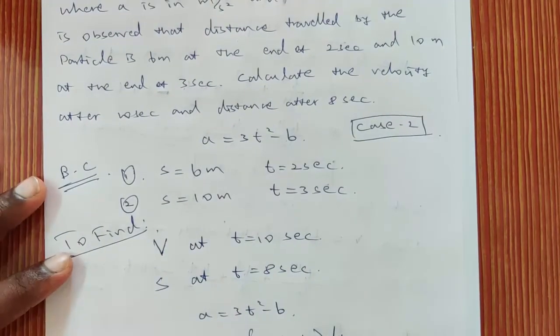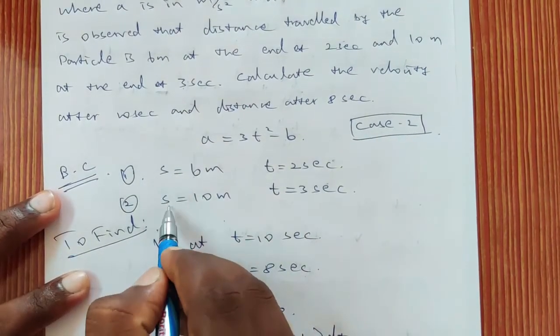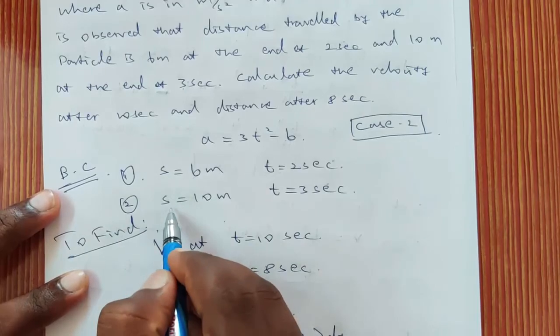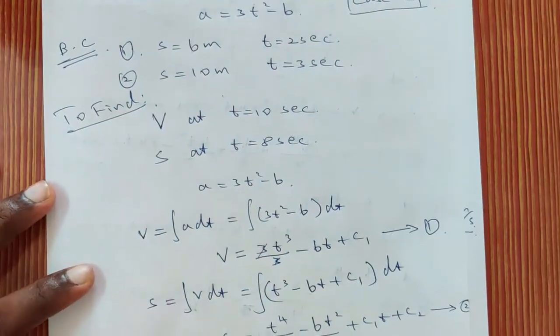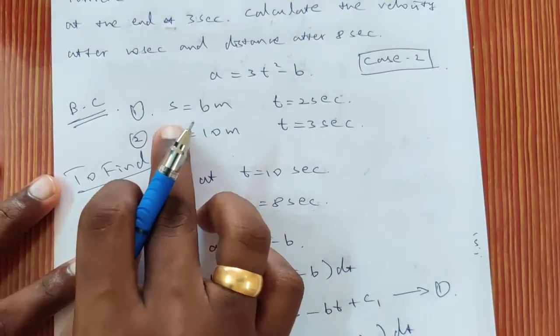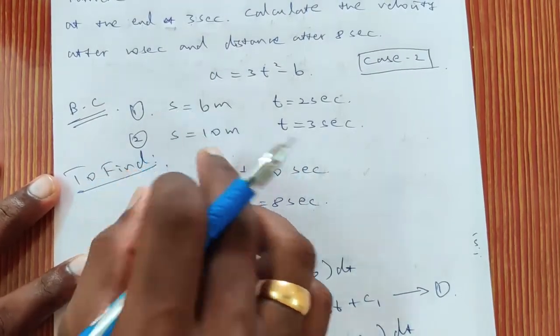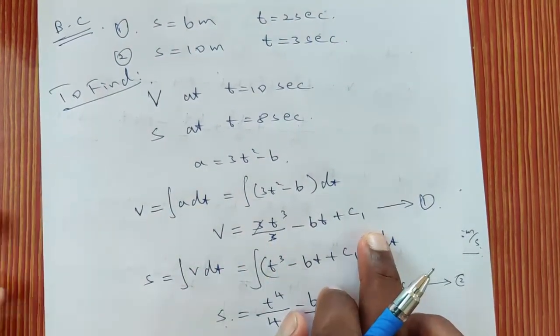So the important point about this problem is, the two boundary conditions are given in the displacement s. That is why we have substituted the two boundary conditions in equation number 2, that is the equation for displacement. If the boundary condition is velocity, then we have to substitute the boundary condition in the velocity equation. That's all. Thank you.